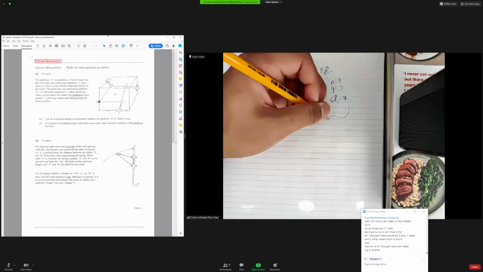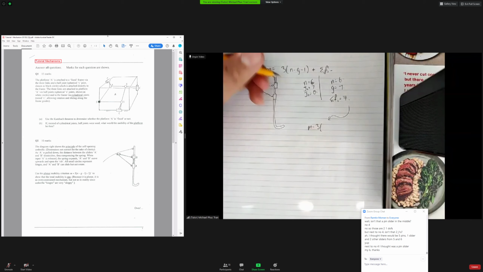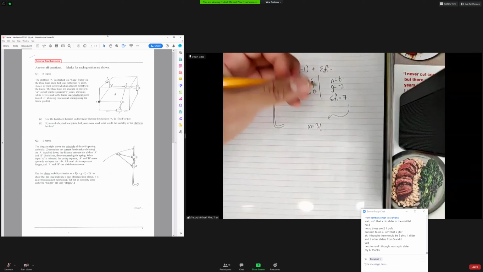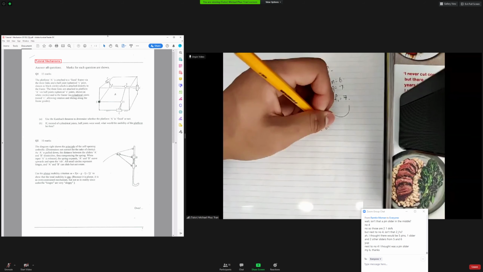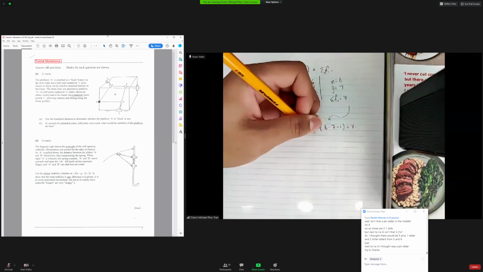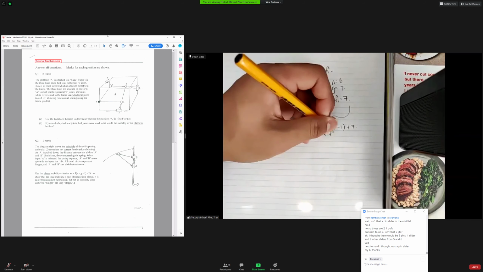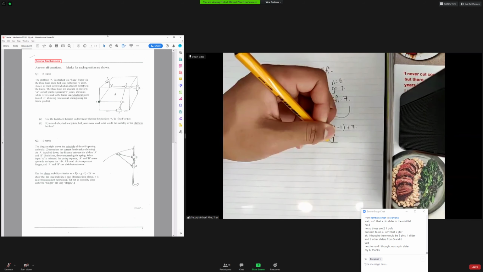So 6 minus 7 minus 1 plus 7 equals minus 6 plus 7 equals 1. So we get the same thing.